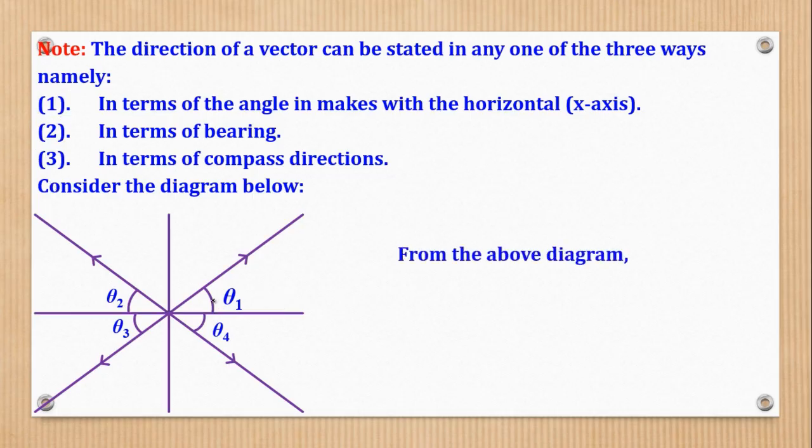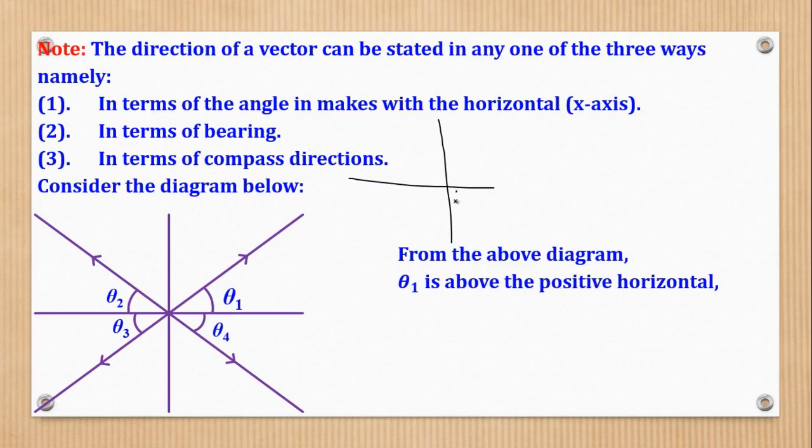So how can we state this angle theta 1? Theta 1, we shall say, is an angle above the positive horizontal. Now, where does that word come from? Like you know, on a number line, values this side are positive, and values this side are negative.